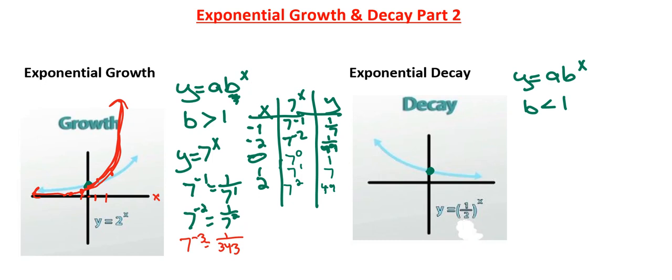Anyway, and then when it comes to decay, it's pretty much the same thing, just reversed. The reason for that is because when it's decay, this number that's going to the power is less than 1. When we say less than 1, we don't necessarily mean negative.